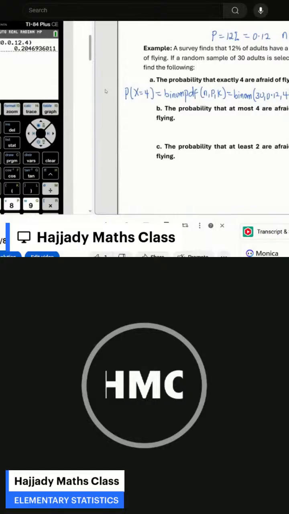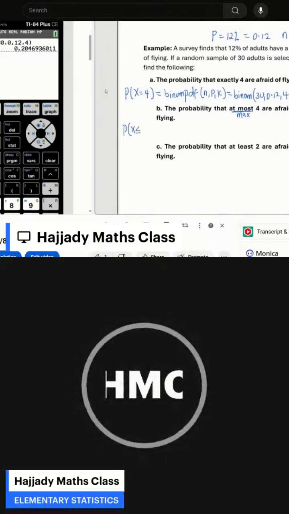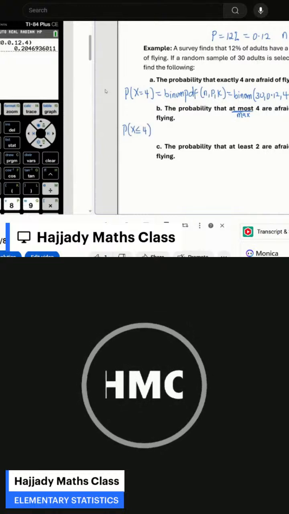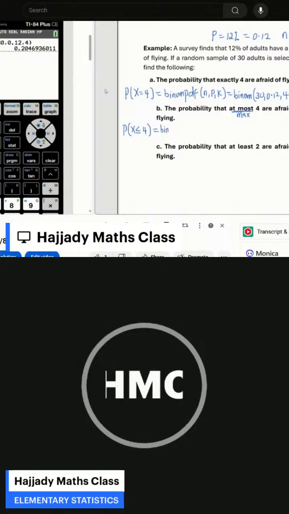Secondly, we have find the probability that at most 4 are afraid of flying. In statistics, every time you see the word at most, it's talking about the maximum value. So the probability of at most means X is less than or equal to 4. So it cannot exceed 4. And to do that, it means we need the cumulative from when X is 0 to when X is 4.